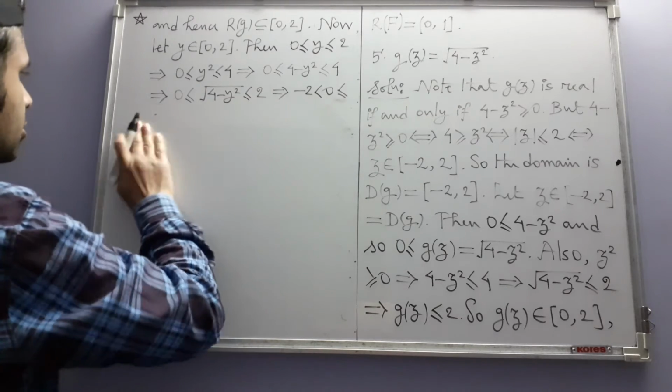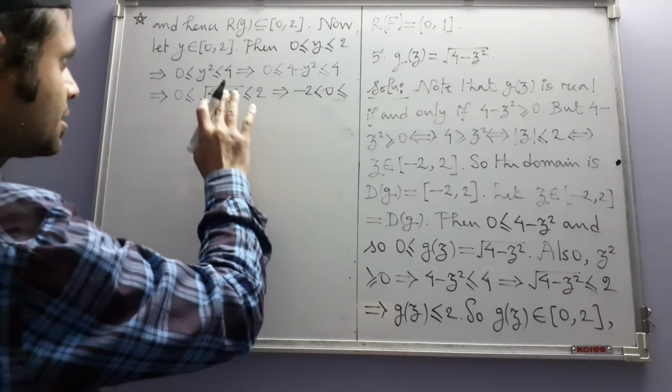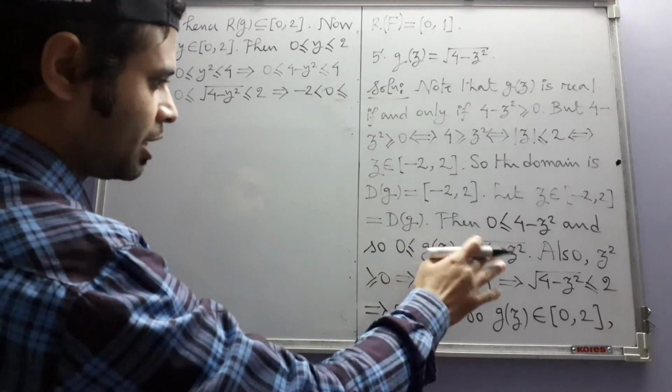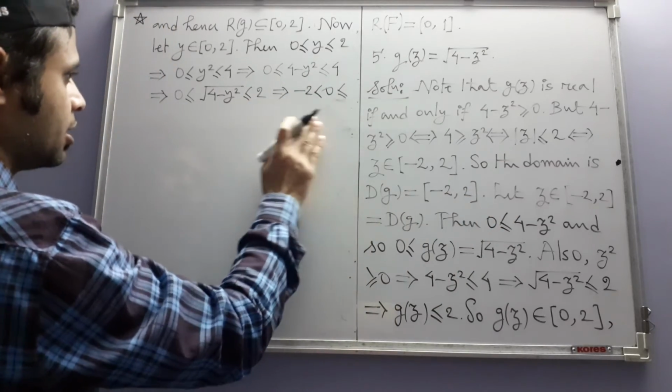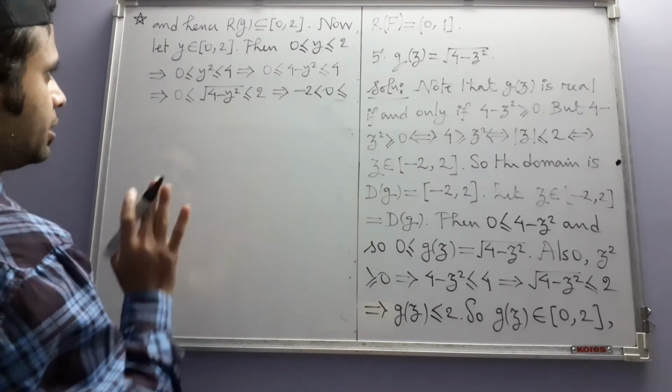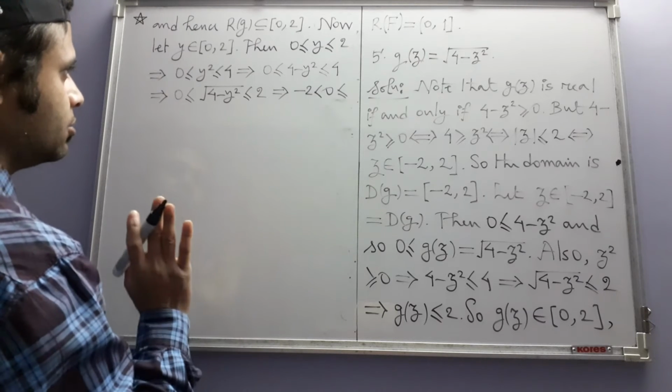Because of the sameness of root 4 minus z square and root 4 minus y square, I wanted to write g of z, but that's not what we are doing here.